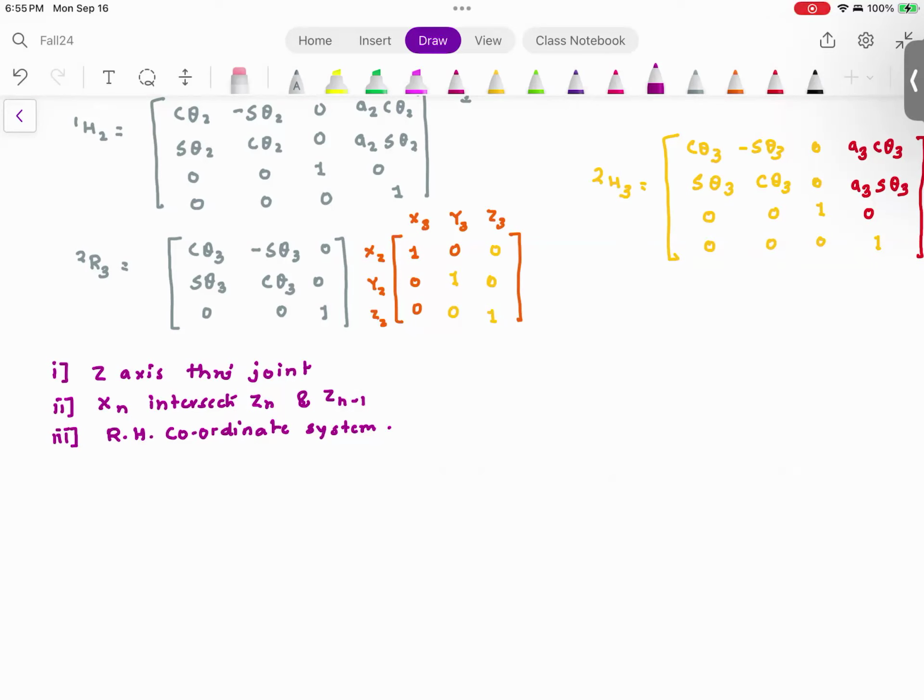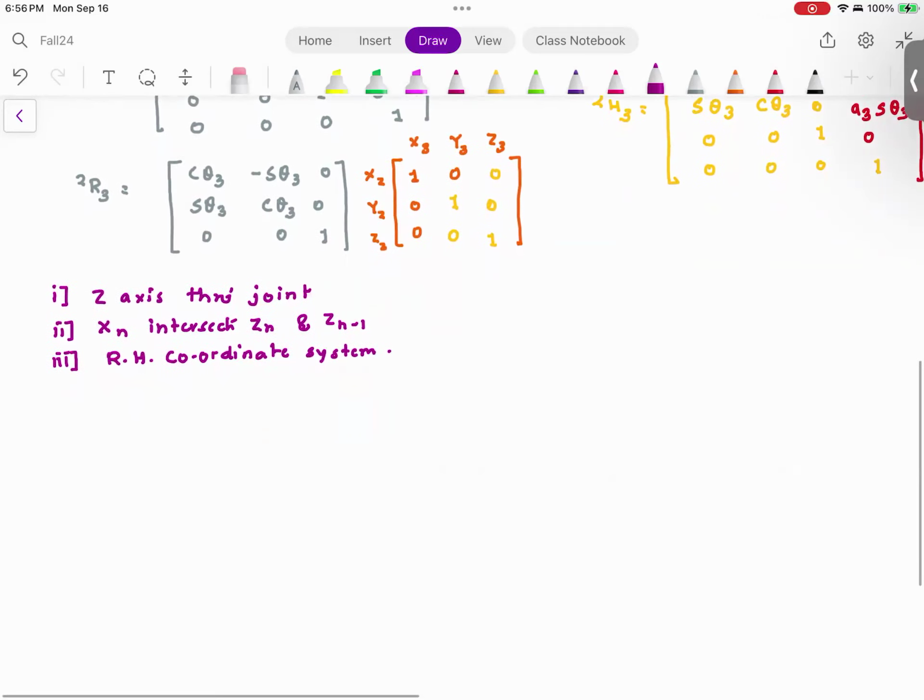Again, this is the case R perpendicular to R, perpendicular to R. Now, what I'm going to show here is a very generic case of R perpendicular to R and perpendicular to R.